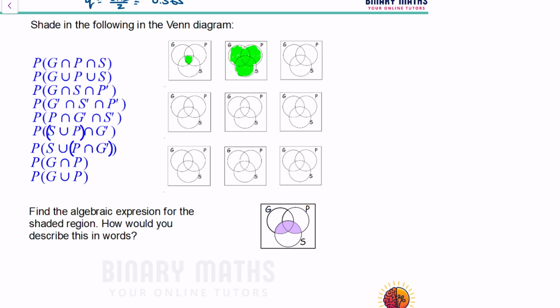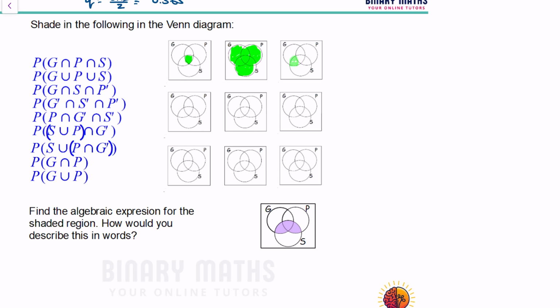G intersect S is this part, but we also want it to be not P. So we end up with just that part.